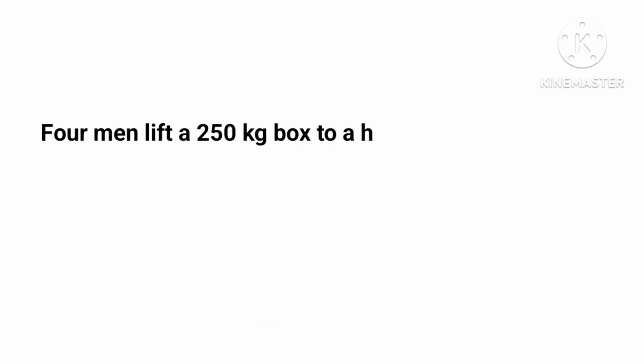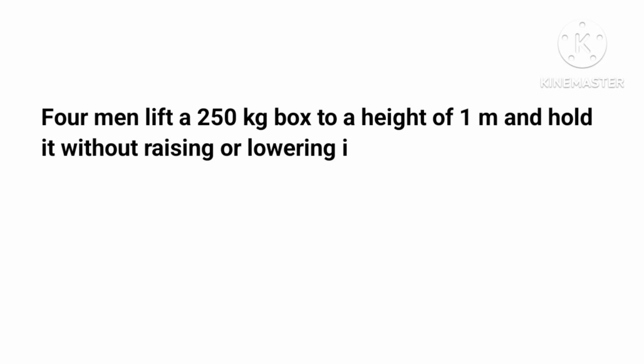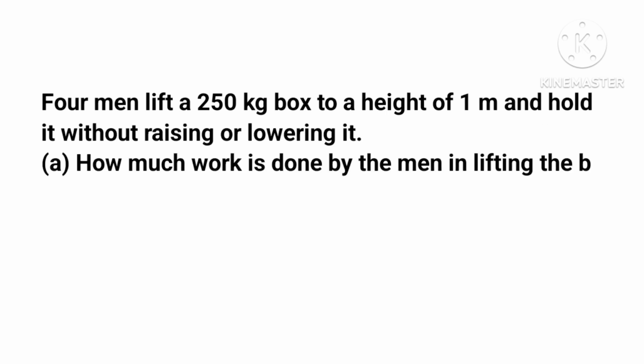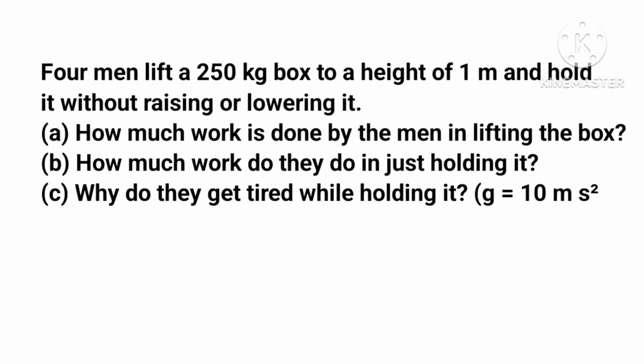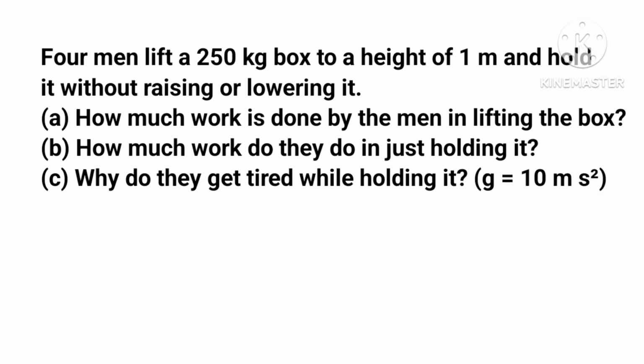4 men lift a 250 kilogram box to a height of 1 meter and hold it without raising or lowering it. A. How much work is done by the men in lifting the box? B. How much work do they do in just holding it? C. Why do they get tired while holding it? g equals 10 m/s squared.